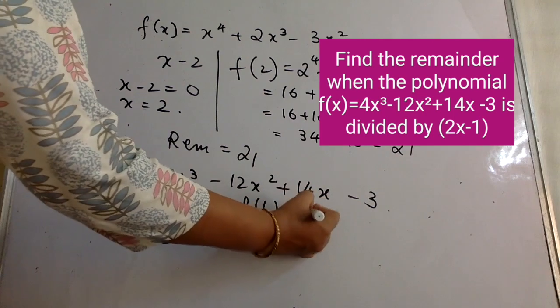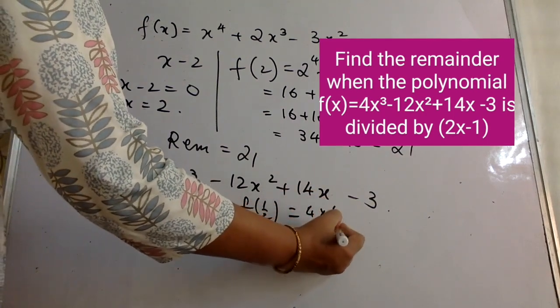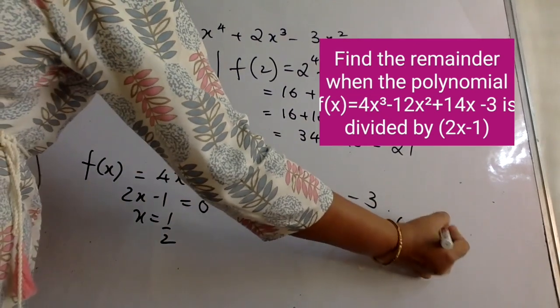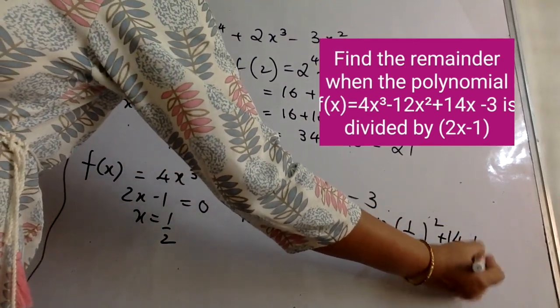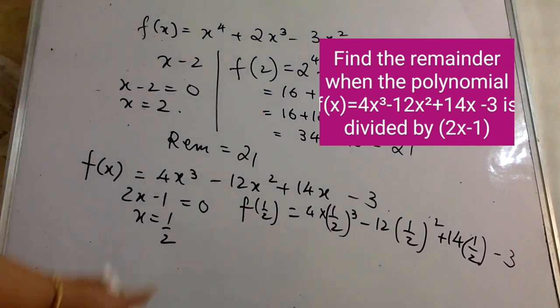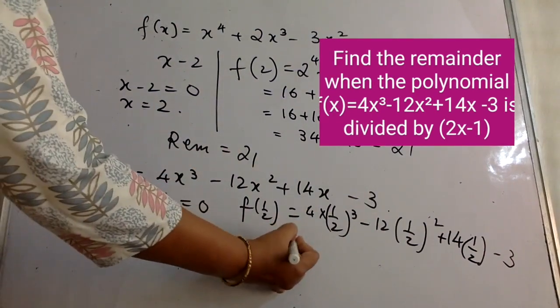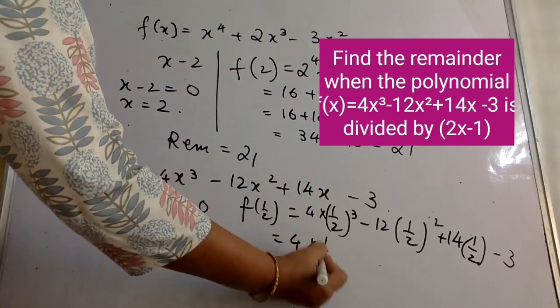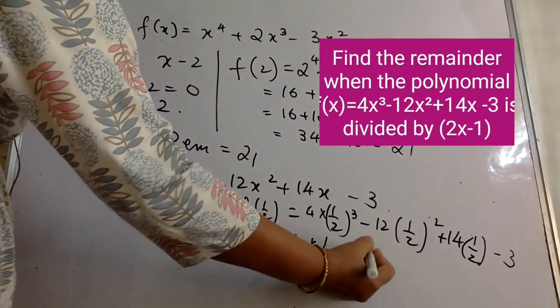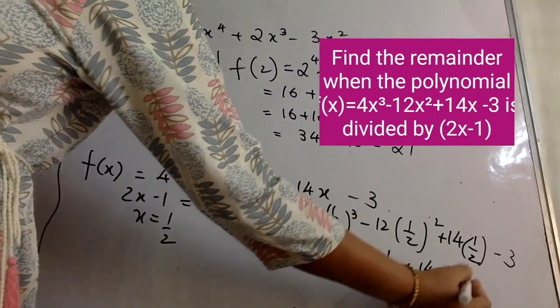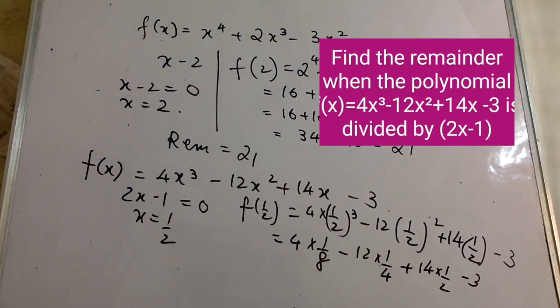So it is 4 into half cubed minus 12 into half squared plus 14 into half minus 3. This is our sum. Let us now work: 4 into 1 by 8 minus 12 into 1 by 4 plus 14 into half minus 3.